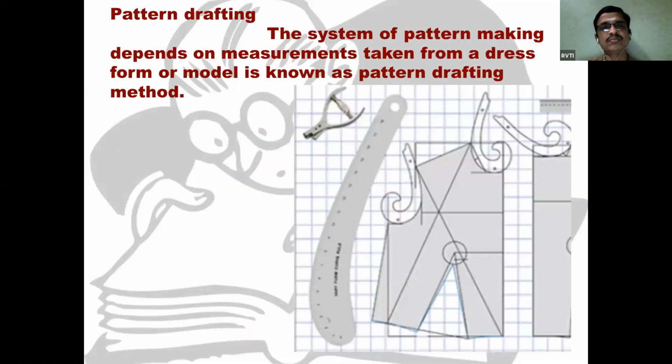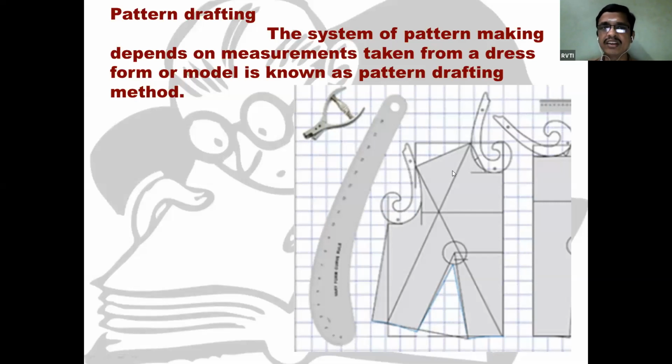Okay. So pattern drafting. The system of pattern making that depends on measurements taken from a dress form or model is known as the pattern drafting method. Here we are using measurements, which we have to take from a dress form or a model, and with the help of pattern making drafting tools, like straight scale, French curve, hip curve, notches, we are manually preparing the pattern by drafting.